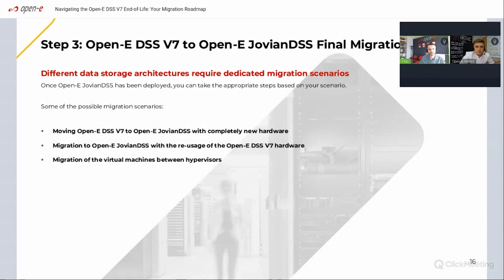Predictably, you can now copy your data from Open-E DSS V7 by enabling the data file replication agent and filling all the information pertaining to your new Open-E JovianDSS destination agent. Once the replication has been completed, we shut down the remaining Open-E DSS V7 node, which can now be reinstalled with the second node of JovianDSS.